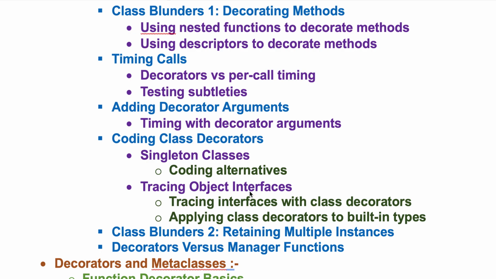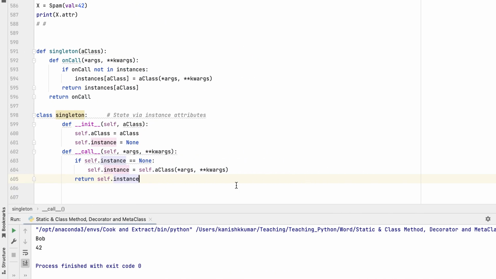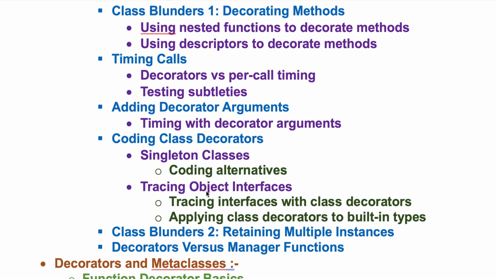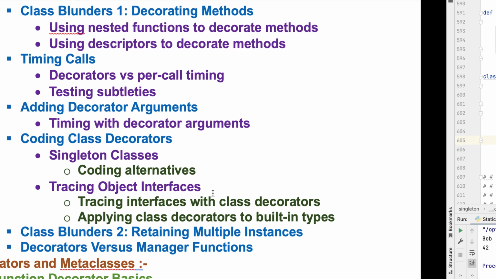So we jump to tracing object interface. For tracing objects we just use a wrapper for tracing the object interface.